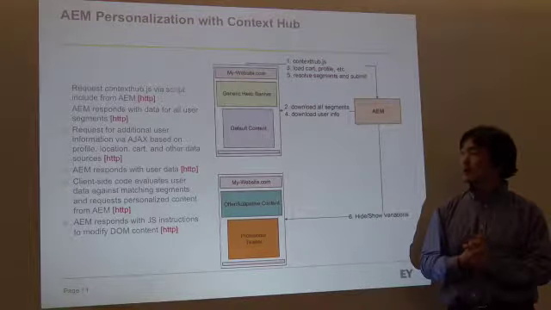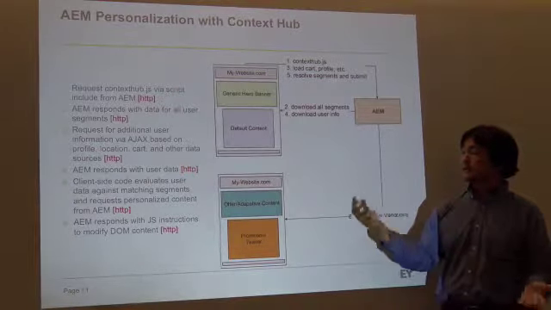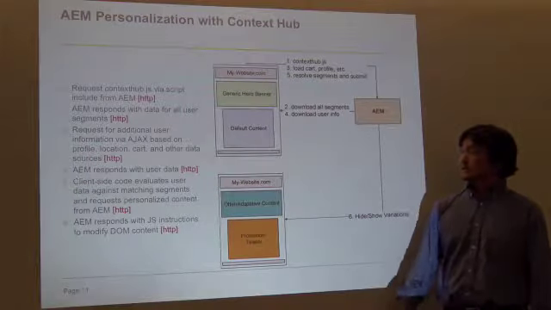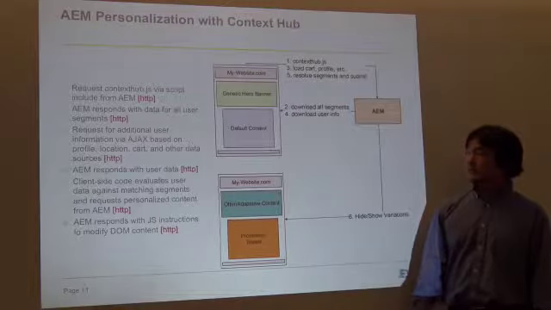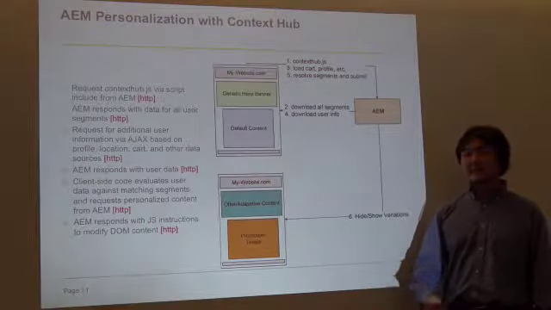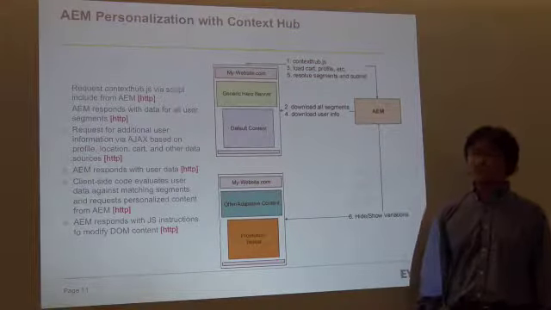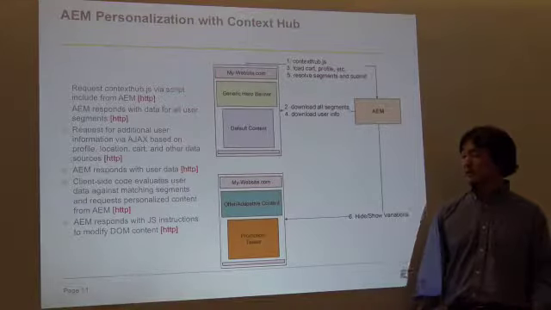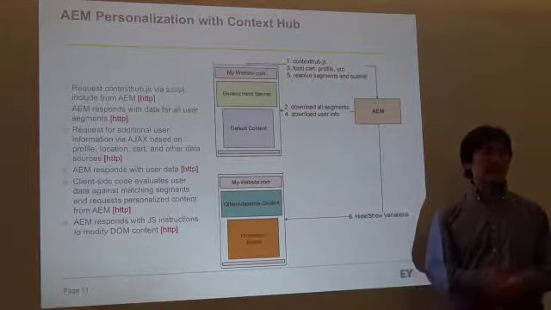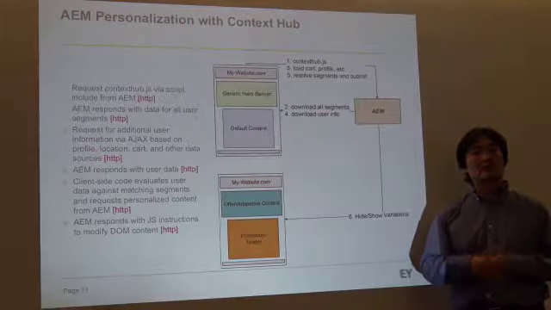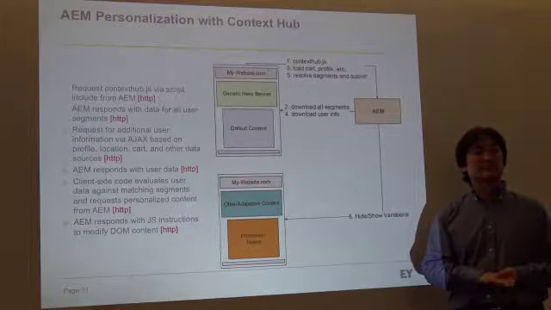So this is out of the box, so that's great, but it can have some impact on the actual user experience simply because of the latency. And if you go and see companies using this type of personalization, you'll see it.